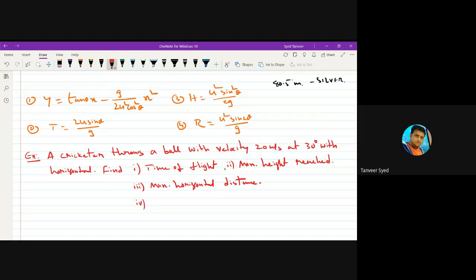And number 4, height of ball when it covers 10 meter along horizontal.